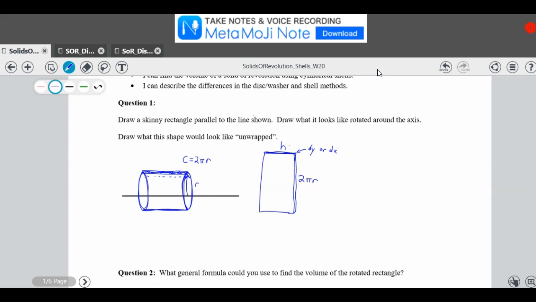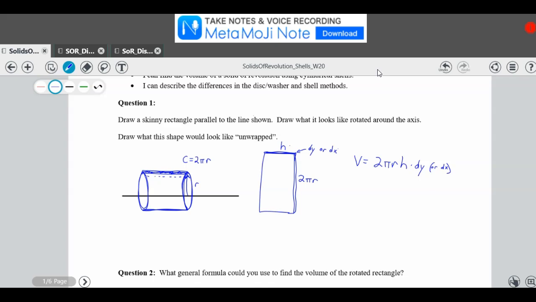So the volume of this thin rectangle is going to be 2 pi r times h, and then times whatever that thickness is, like dy, dx, whatever the case may be. I'll put dx over here in parentheses.